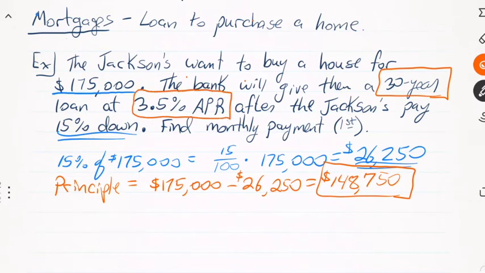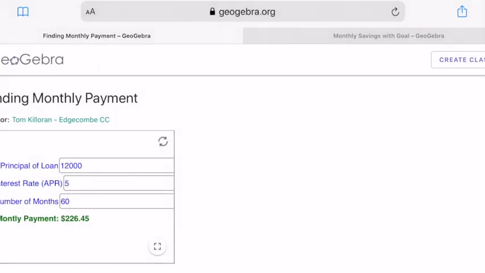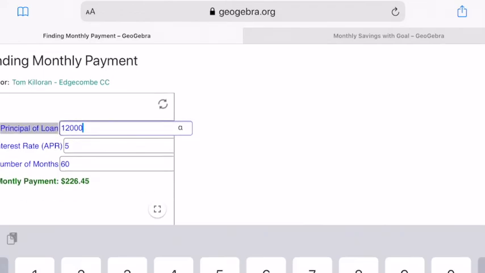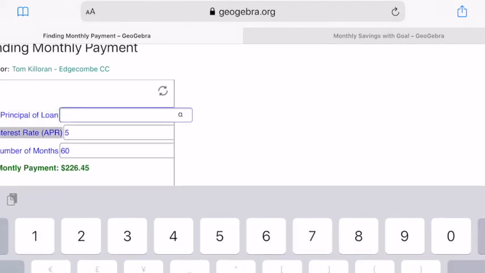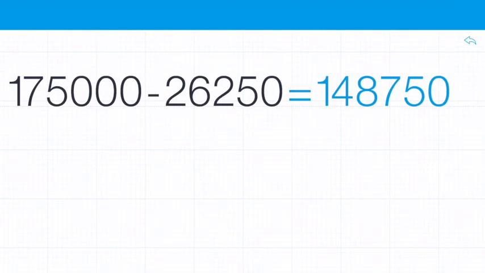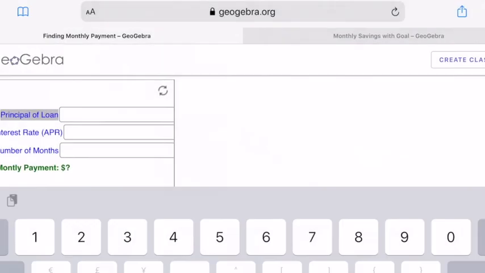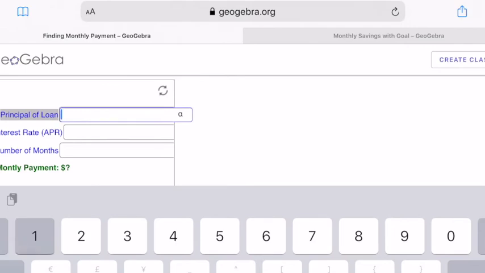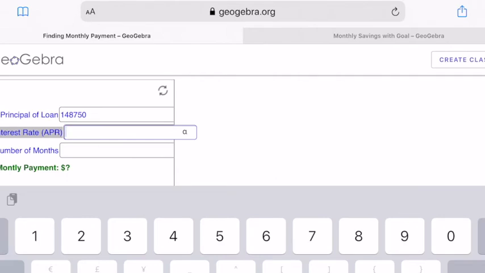So now we have to go to our calculator to find our monthly payment. Let's delete all that out of there. So the principal is $148,750. The interest rate was 3.5, and the number of months was 30 years.